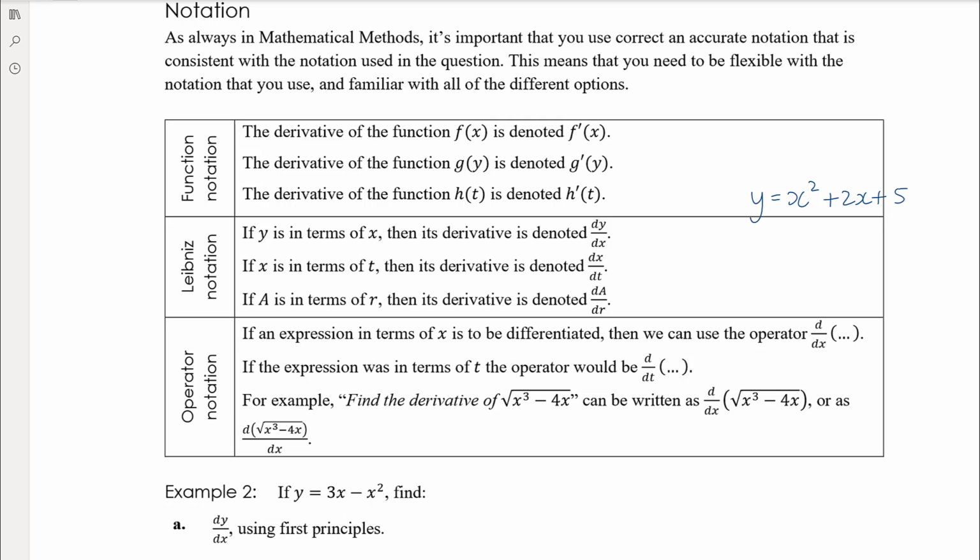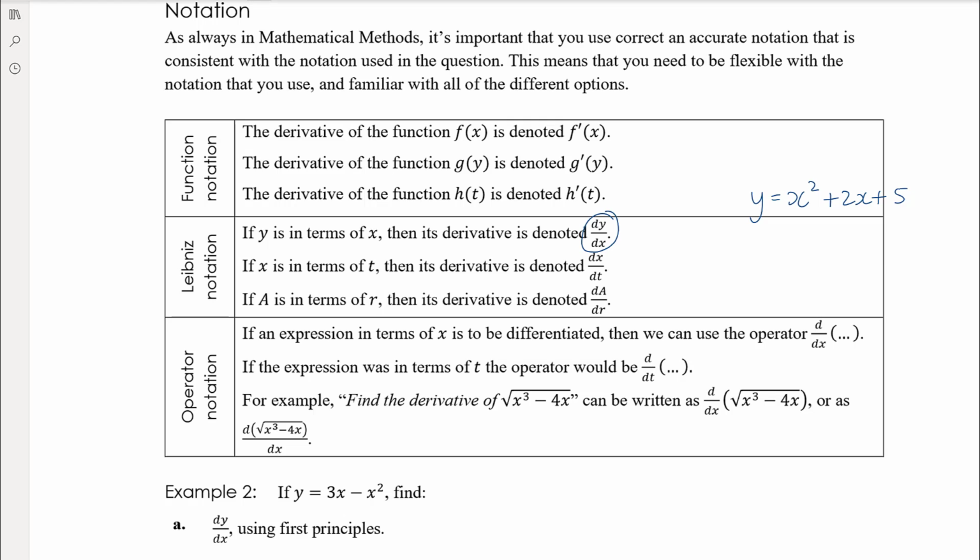That is where we write this slightly ugly fraction, and many people like to try to avoid that, but actually it's not avoidable. If you're calculating the derivative of y with respect to x, so you're differentiating a function that is y in terms of x, therefore you're finding the derivative of y with respect to x is the phrase we would use. And then we write that as dy dx.